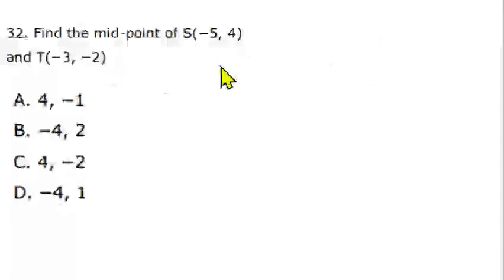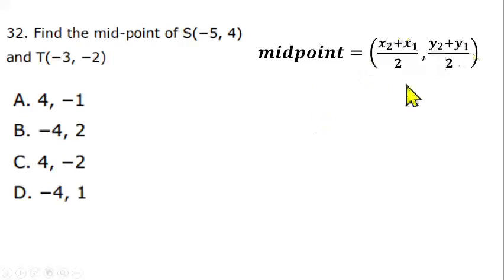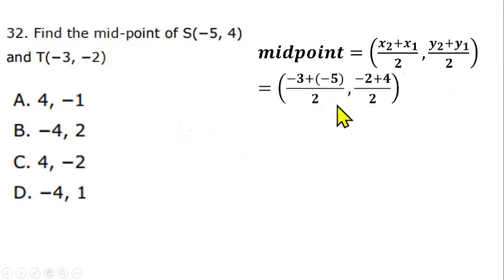Question number 32 is from the coordinate geometry. In this case, you have to find the midpoint of these coordinates x and y. So we know that midpoint is x2 plus x1 over 2 comma y2 plus y1 over 2. If you substitute, your x2 is minus 3 plus your x1 is minus 5 over 2.